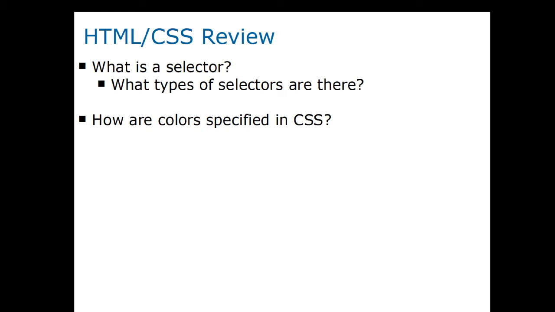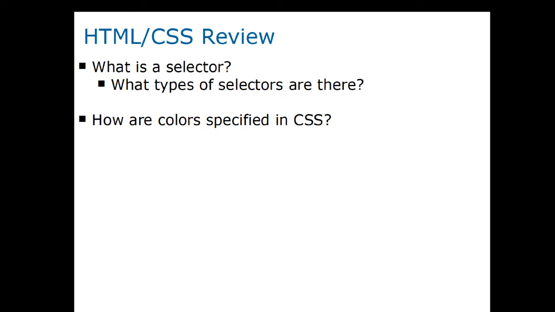So what am I currently trying to change the look and feel of? What style am I currently trying to manipulate? So we heard tags mentioned as a possible type of selector. I can write down a P tag, and then any CSS that I write will be applied to every P tag, right? Every single P tag.